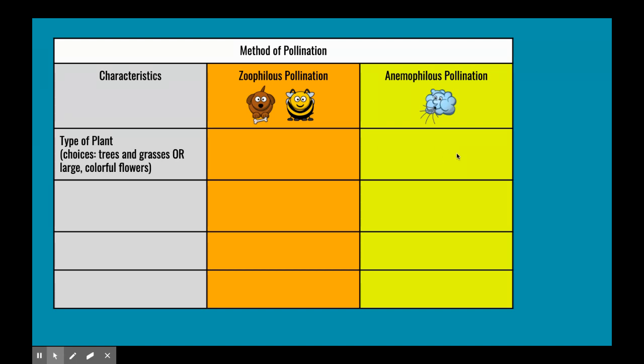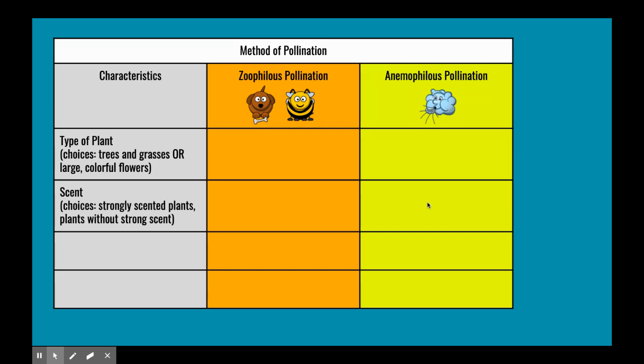Take a moment, pause the video if you need to think about that, but make a choice between those two. The next characteristic to consider is the scent. Some plants have really strongly scented fragrances, and some don't have quite as strong of a scent. Do you think those strongly scented plants would have the zoophilous method of pollination or the anemophilous method of pollination?